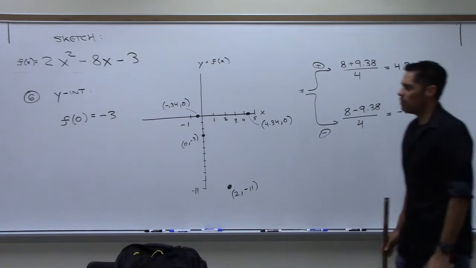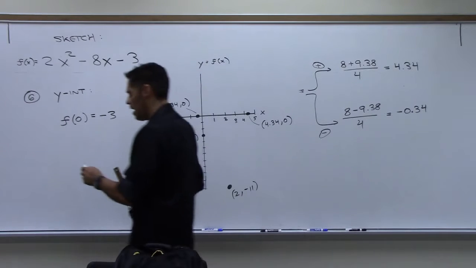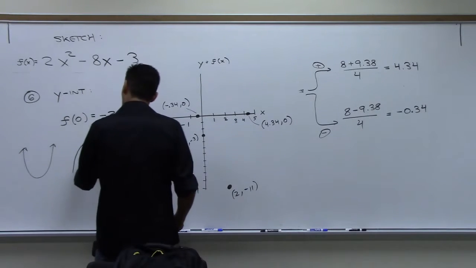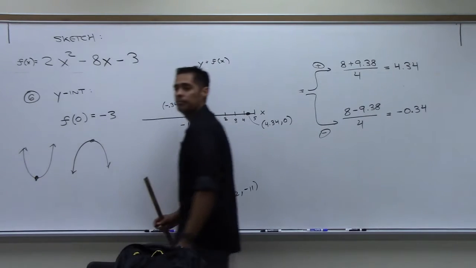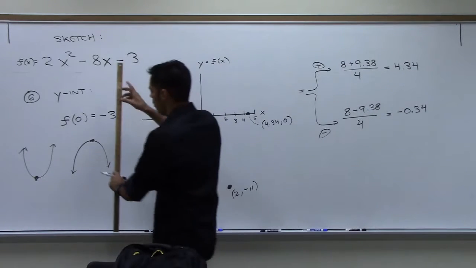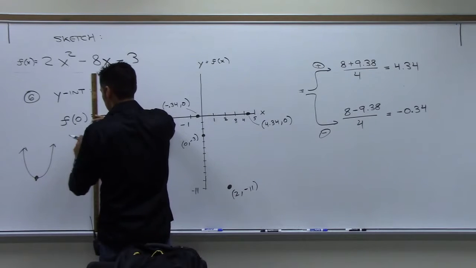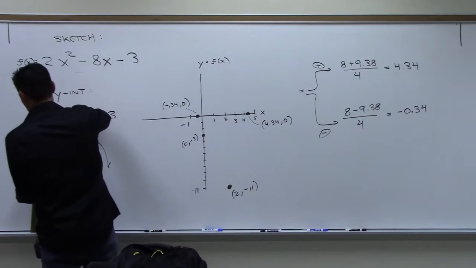Now, one thing we didn't really talk about last class is that when you have these parabolas, regardless of whether they open up or down, both of them will have a vertex, right? And if you can imagine this, it's an imaginary line extending down through the vertex like this.